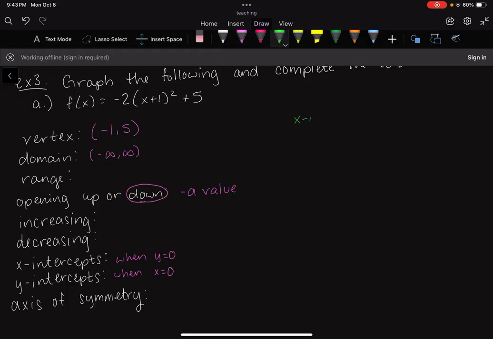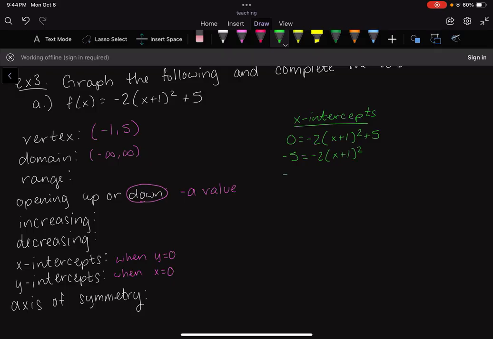So for my x-intercepts, I have the y value or the f of x value equal to 0. So I get 0 equals -2(x plus 1) squared plus 5. So I'll solve this. So I get -5 equals -2(x plus 1) squared.